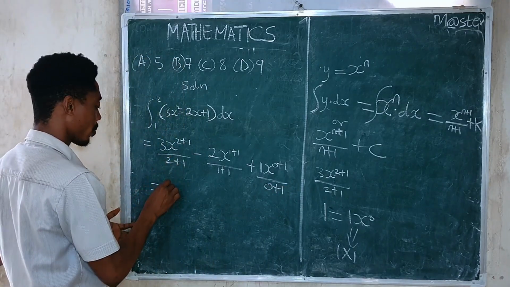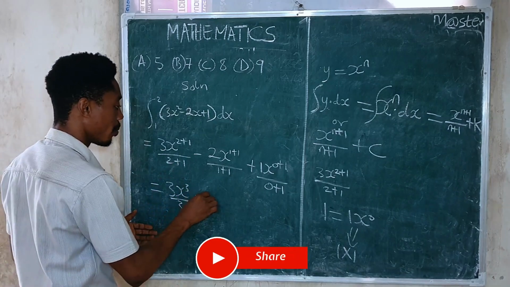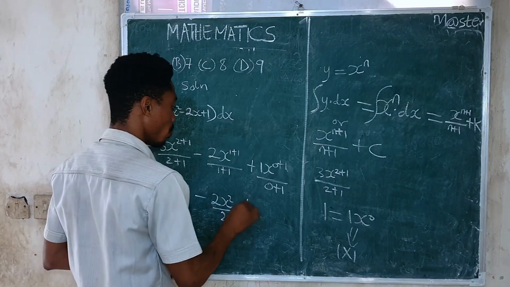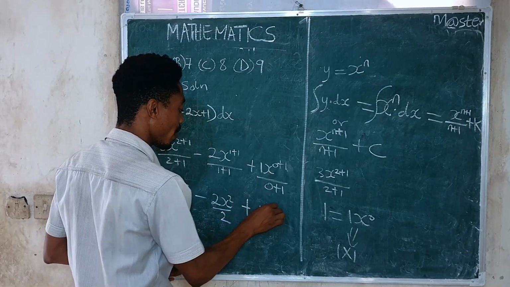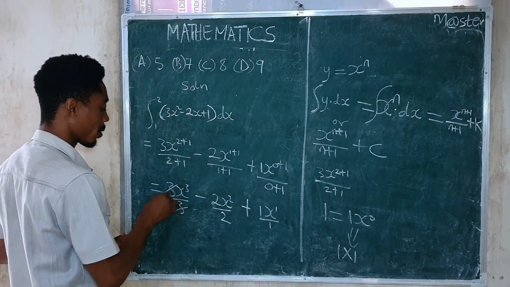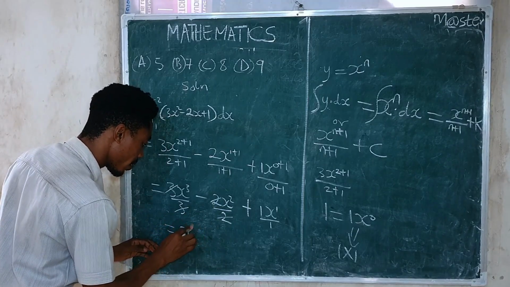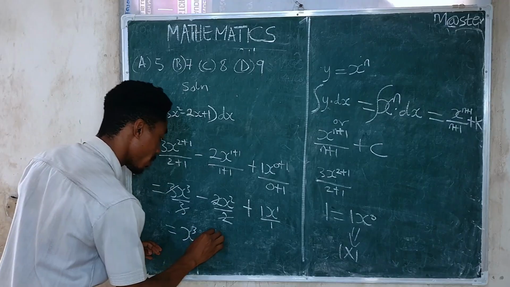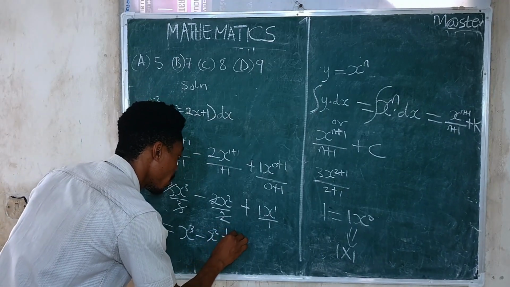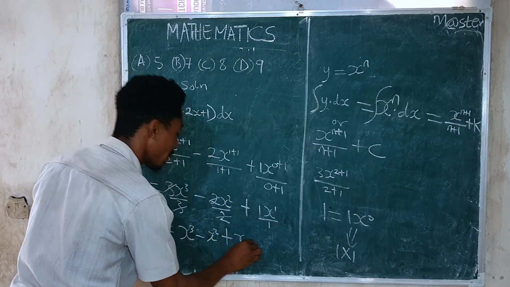So that will become 3x cubed all over 3 minus 2x squared all over 2 plus, you can see that now, 1x raised to power 1 all over 1. So of course 3 cancels 3, 2 cancels 2. So what I have is x cubed minus x squared plus 1x raised to power 1 all over 1, that will give me plus x.